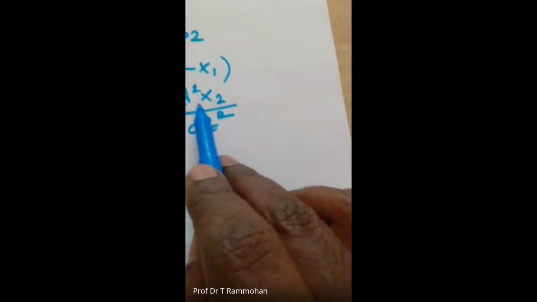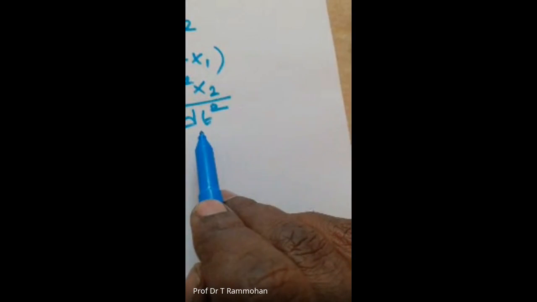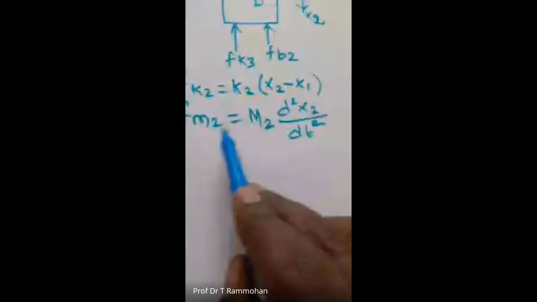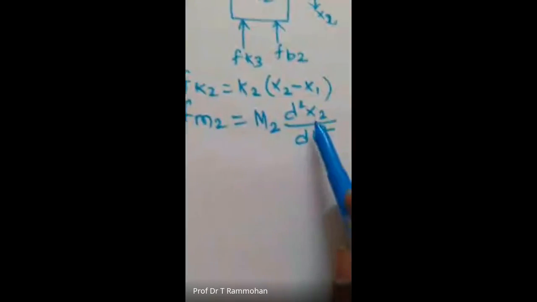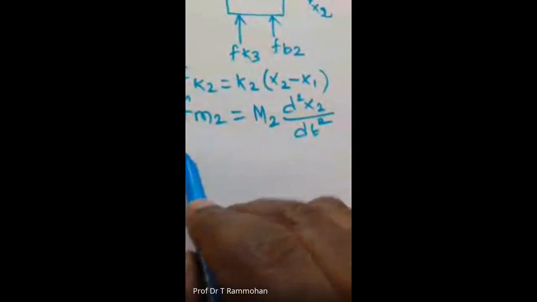FM2 equal to M2 into d square X2 by dt square. And here you can see FM2 equal to M2 into d square X2 by dt square.